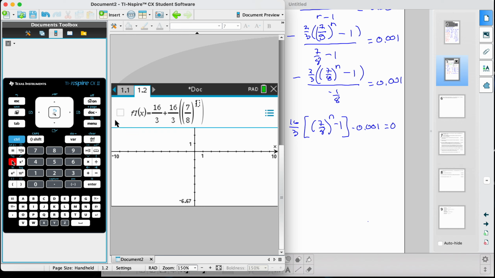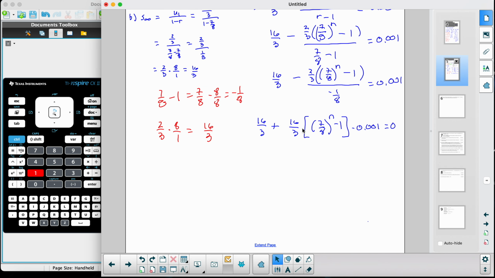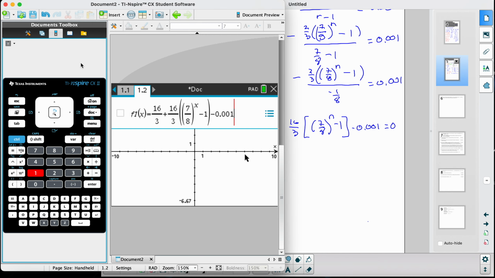There's my variable. Can't use n, got to use x. Make sure you arrow over, minus 1 outside the parentheses, minus 0.001. And the reason this is so nice, when you use the fraction bars, you can make sure it's exactly what you wrote.